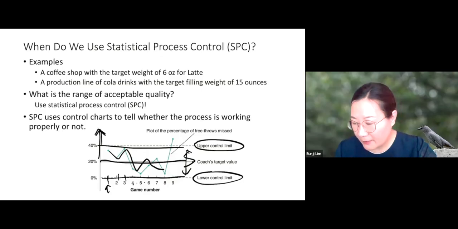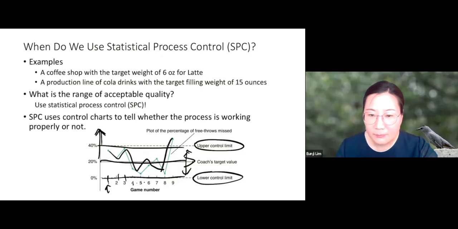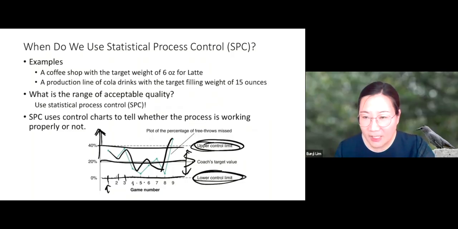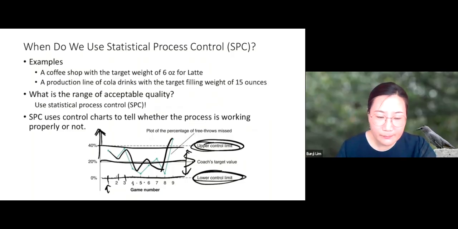But if one of the averages is beyond the limits, then we conclude there is something wrong with the process. So in the rest of this chapter, we're going to talk about how to compute the upper control limit and the lower control limit, and how to use this chart to monitor a process.